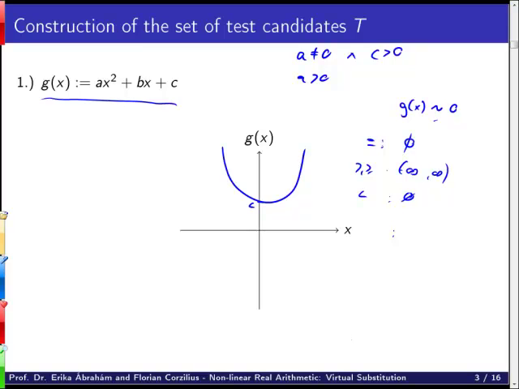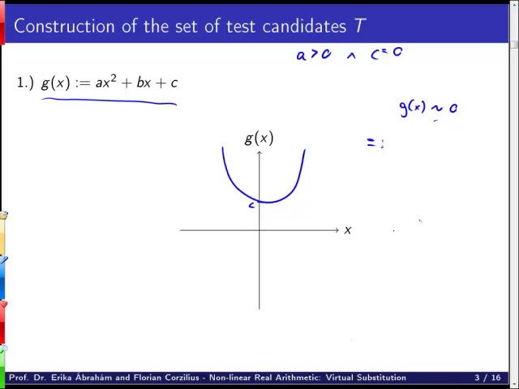Okay, so let's take a look at what happens if, let's keep a greater and take c equals 0. So now, it's a bit more interesting.